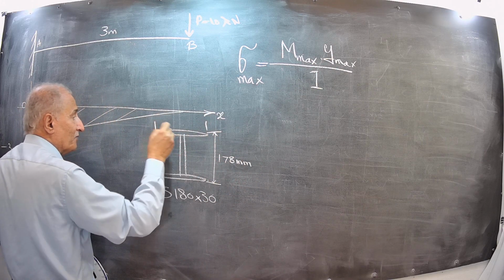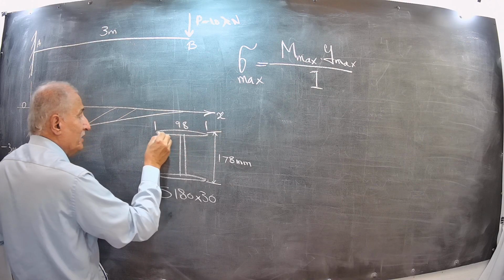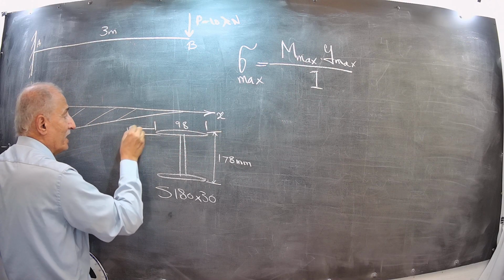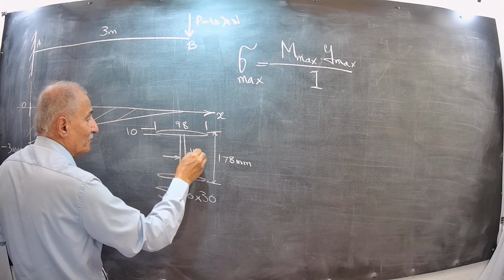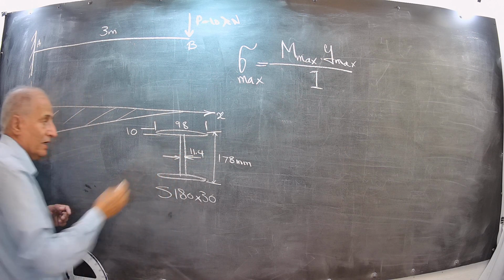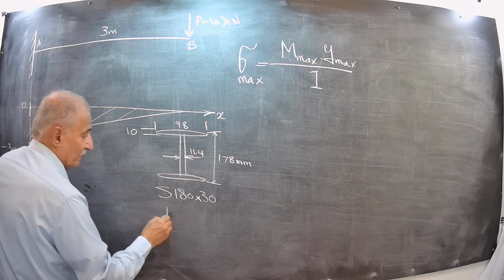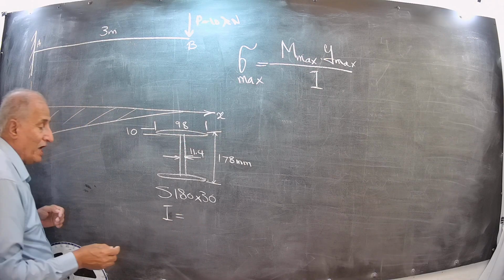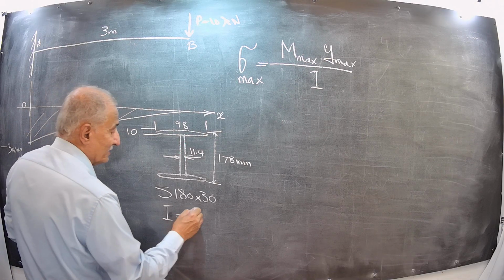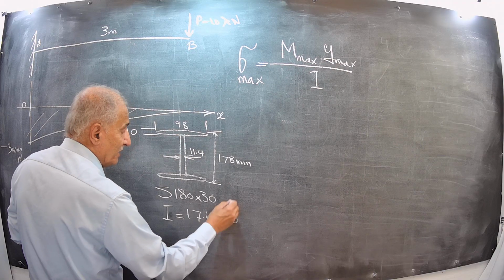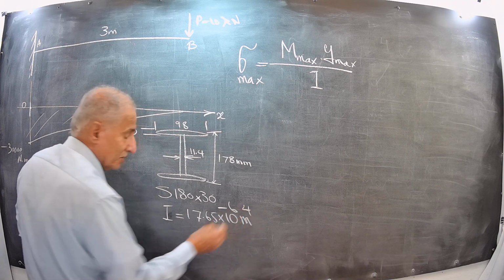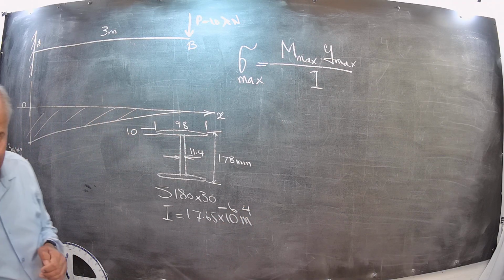The width of the flange is 98, the thickness of the flange is 10 mm, and the thickness of the web is 11.4. And I for this beam, if you calculate it or go to the table, you will find is 70.65 times 10 to the power minus 6 meter to the power 4.